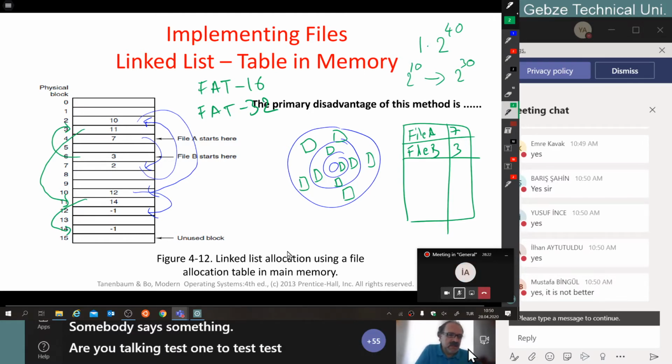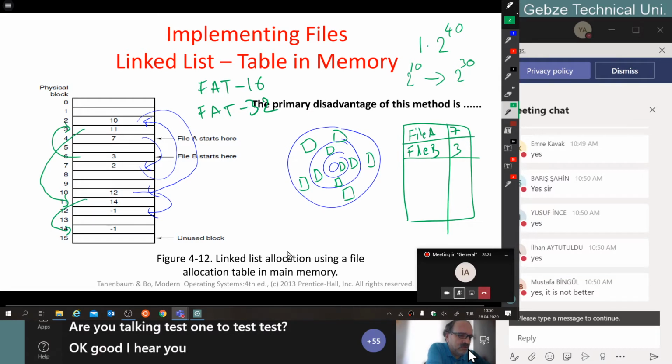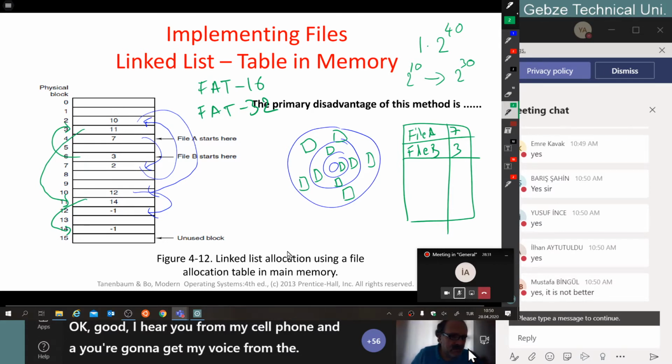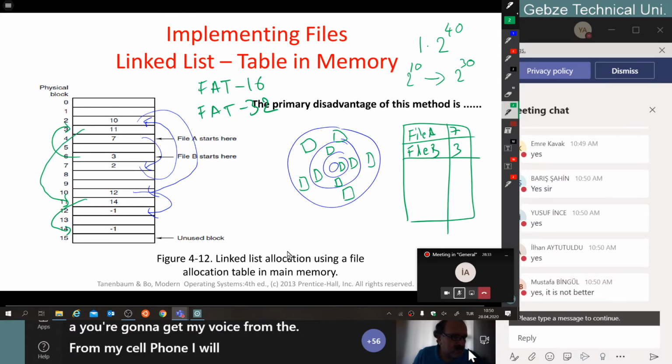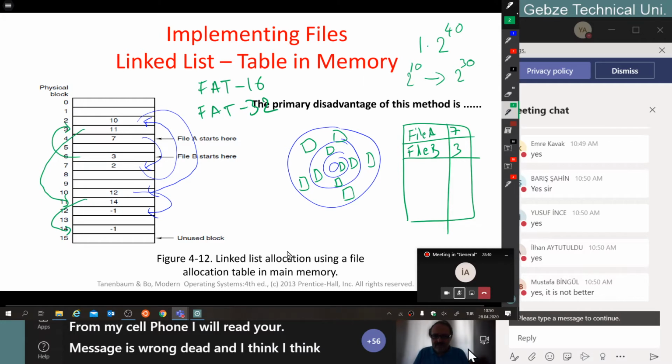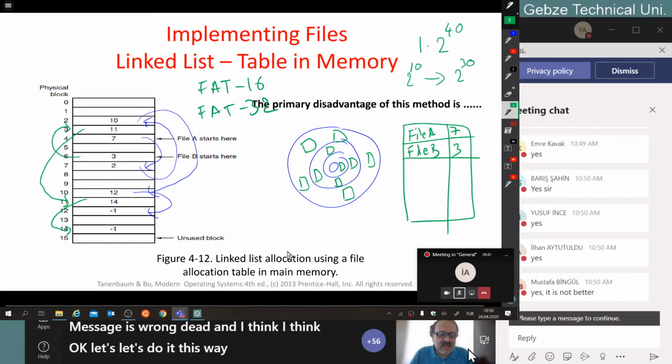Okay, good. I hear you from my cell phone, and you're going to get my voice from my cell phone. I will read your messages from there. Let's do it this way. I know my internet connection is very good.